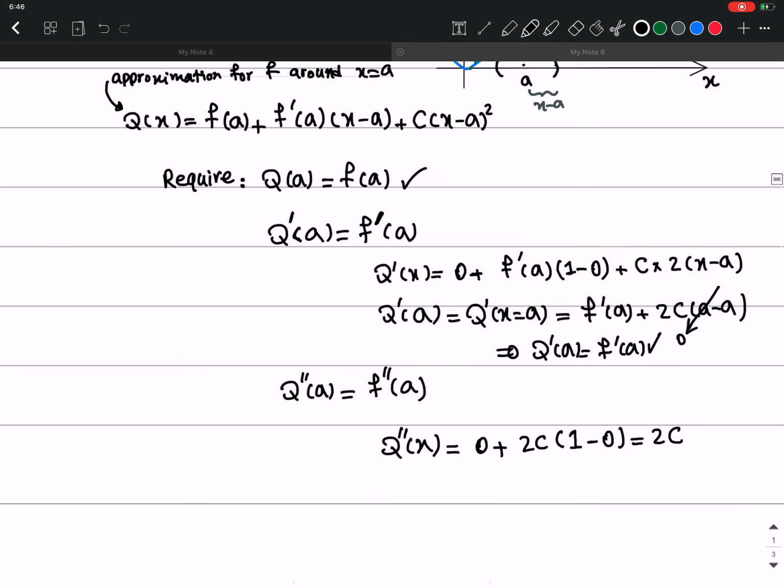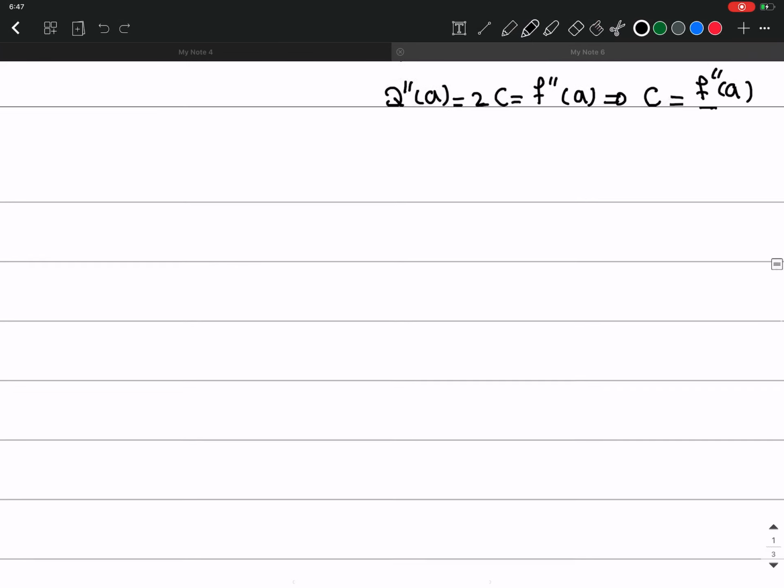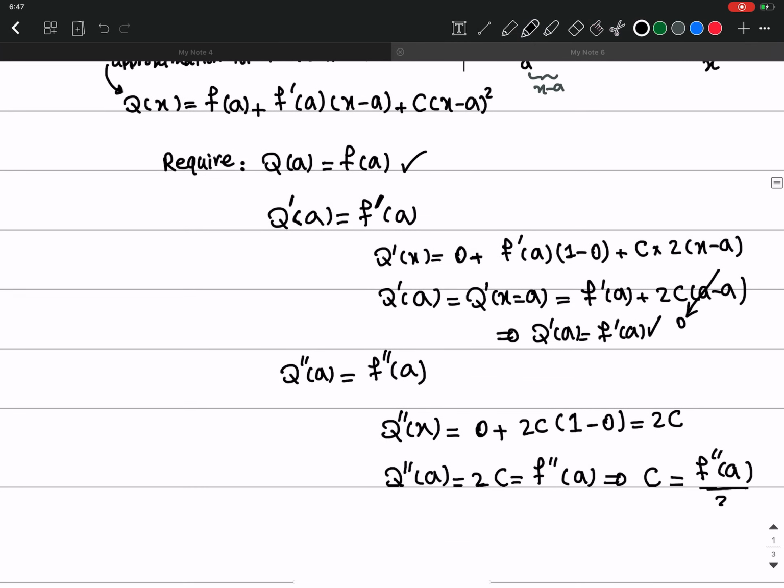Okay. So the second derivative of Q at point a is going to be 2c, and I want it to be equal to f double prime(a). So from here, in order for this requirement to be satisfied, c, which is the coefficient we defined here, has to equal f double prime(a) over 2.